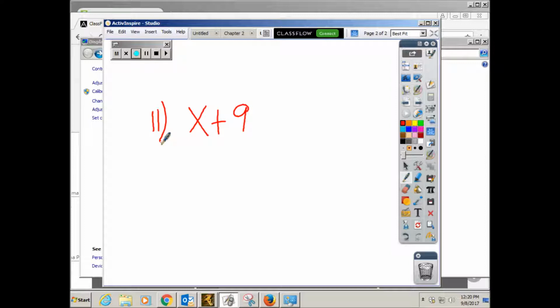Number 12, 2/3 of a number d to the third power. For this one, I want to use the letter d. How do you think you would write that? 2 over 3 times d, and then the third power. Now, I have an issue with this one because I'm not sure if they want it to be 2/3 of a number d, all to the third power.